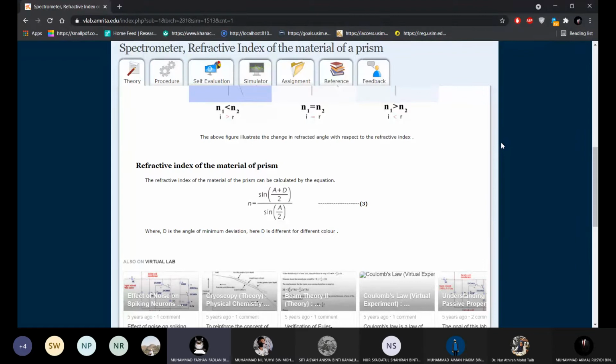D is different for different colors. So if the question asks us to find the refractive index of the material of the prism, we just use this formula and substitute all the values that are given by the question, and we just calculate the value and we get what we want. Okay. Next.